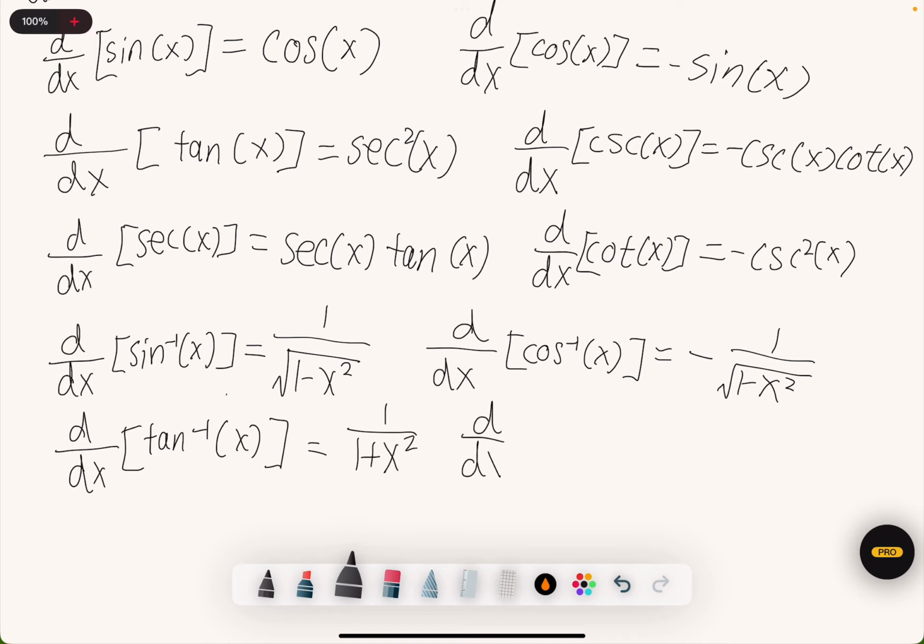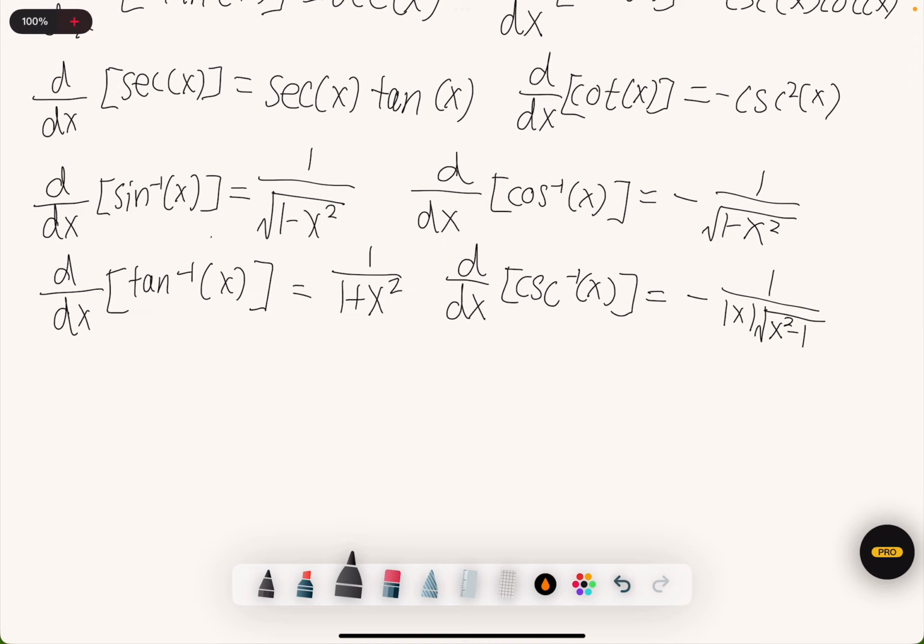And the derivative of the inverse of cosecant x is negative 1 over the absolute value of x times root x squared minus 1.